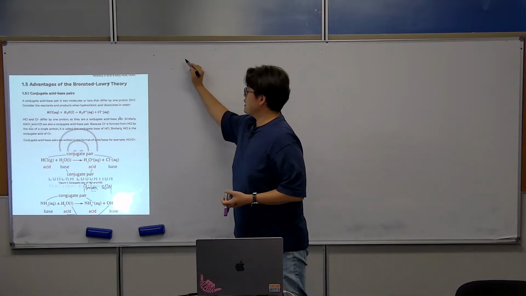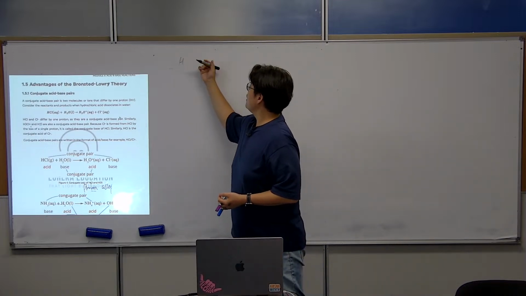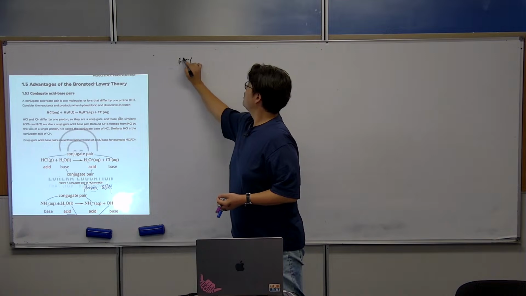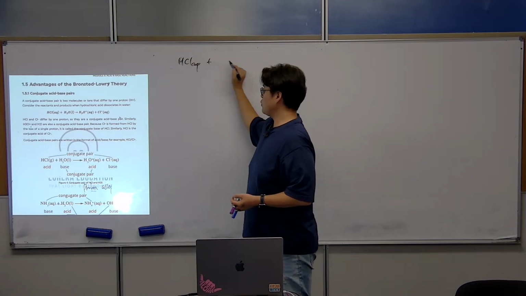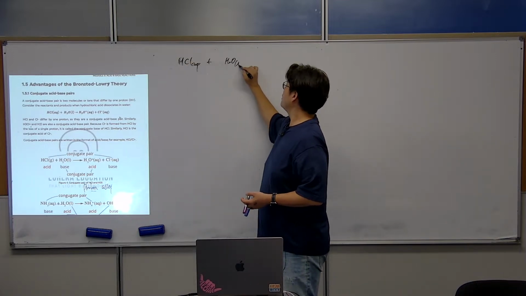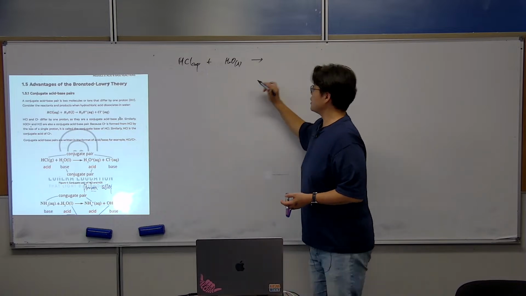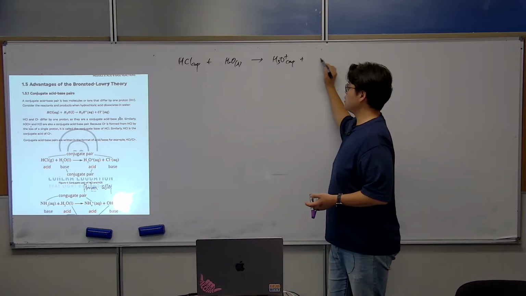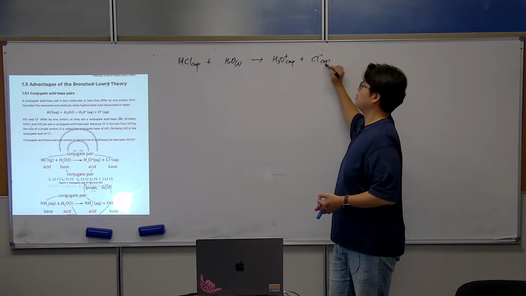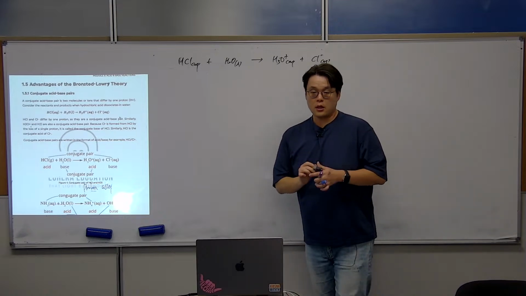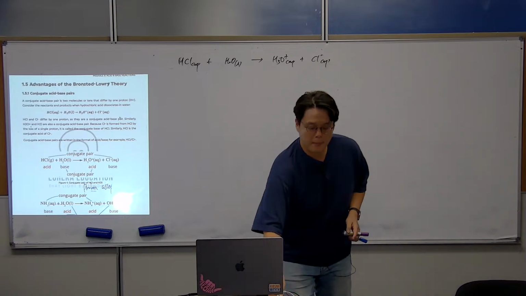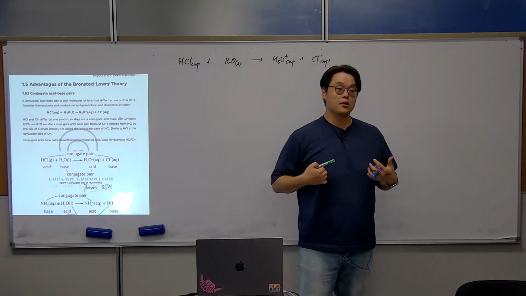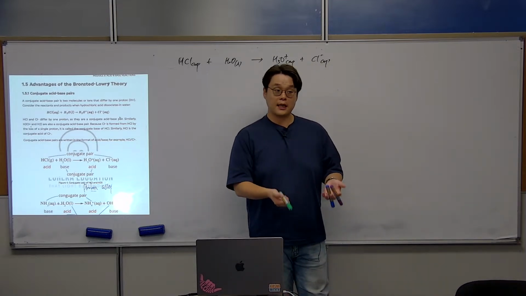Let's bring out again some acid and base reactions. HCl aqueous reacts with water, H2O liquid, producing H3O+ aqueous and chloride ion. I want you to keep remembering that an acid is a proton donor, and a base is a proton acceptor.